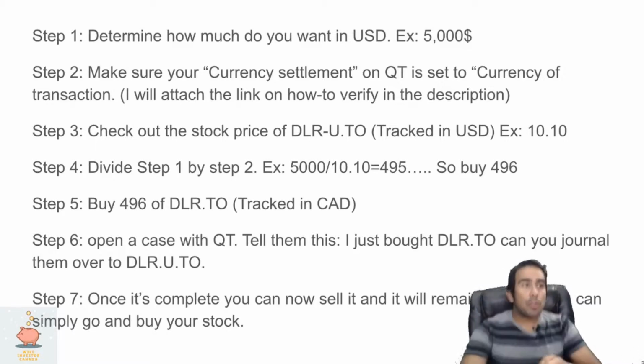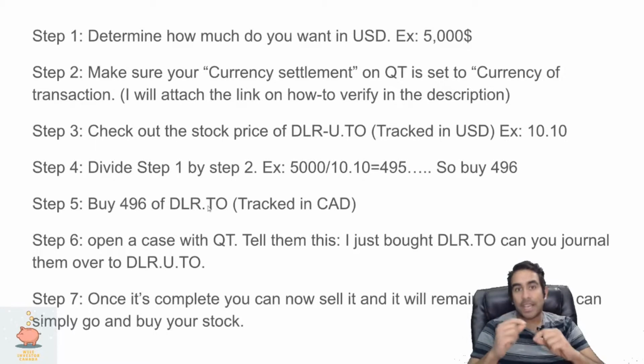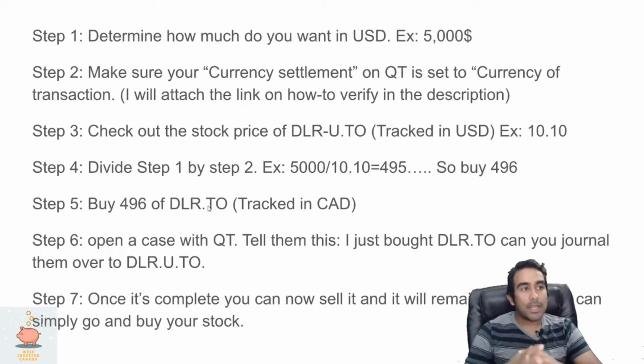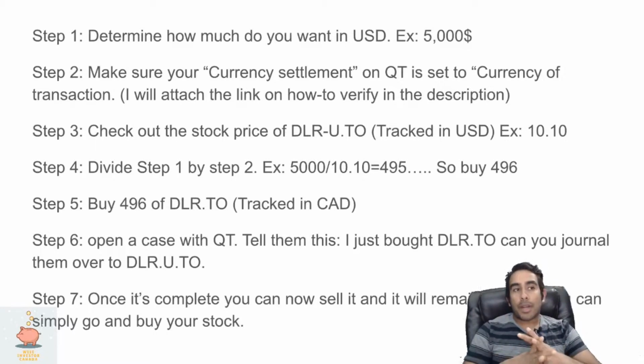Then afterwards you go ahead and check two things. It's called dlr.u.to and dlr.to. Those are the two ETFs you need to keep in mind. So you check the price of dlr.u.to, which is tracked in USD. For example, it's trading at $10.10.